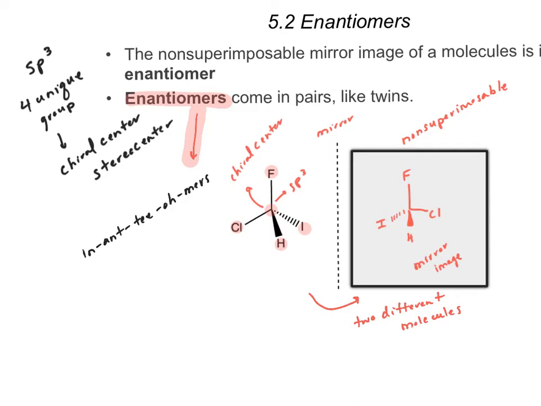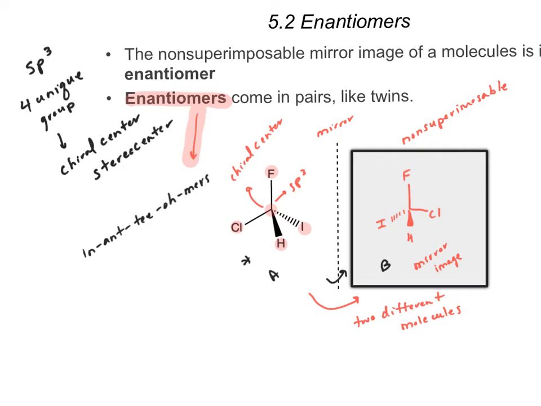Again, non-superimposable mirror images of one another are enantiomers. So this molecule, we'll call it molecule A, is the enantiomer of this one, which we'll call molecule B, and vice versa. B is the enantiomer of A. One important thing to note: for one molecule, there's only one distinct enantiomer, only one mirror image of that molecule.